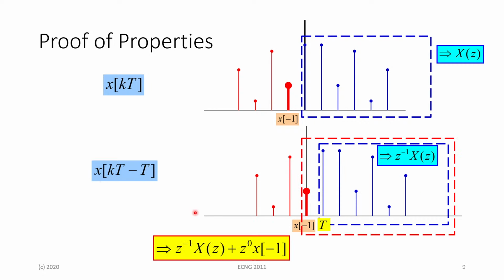So in factoring that, the equation is going to be our delayed x of z signal that we began with, so z to the minus 1 of x of z, and we need to add our new signal that is shifted onto the 0 point in the graph. So this is going to be z to the 0 times the x of minus 1 value because of this x of kT minus T shift.